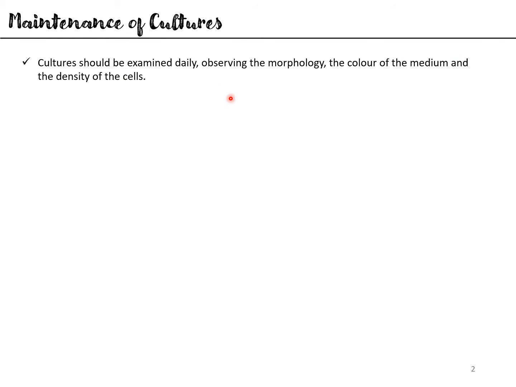And finally, the density of the cells, because you do not want your cell density to be very high while the amount of medium that you have provided is falling short for that density of cells. Or if you're dealing with adherent cells, then you want to ensure that there is enough surface area available for the cells to grow.